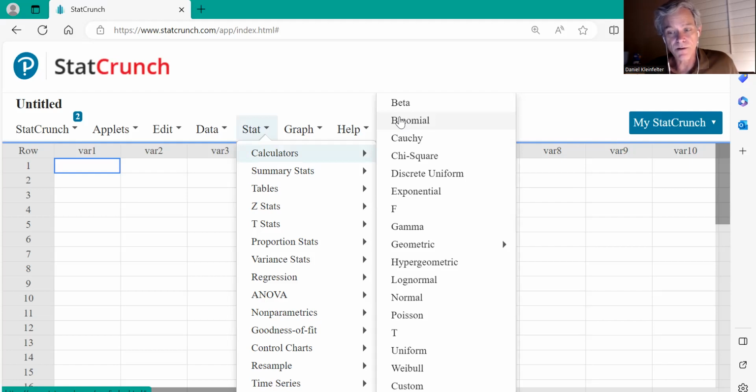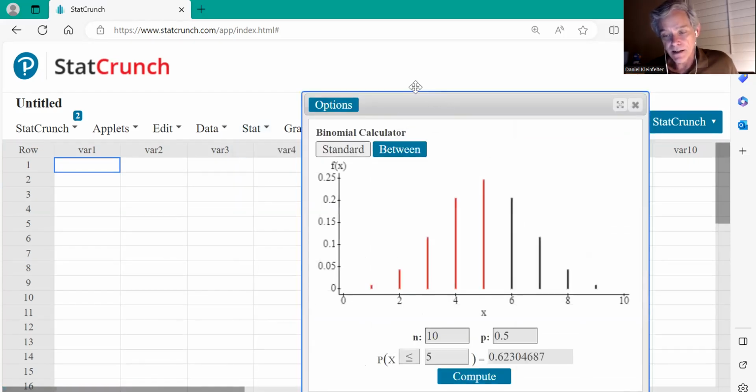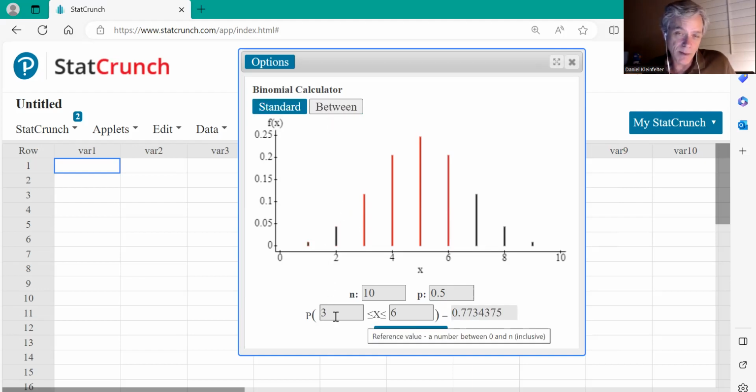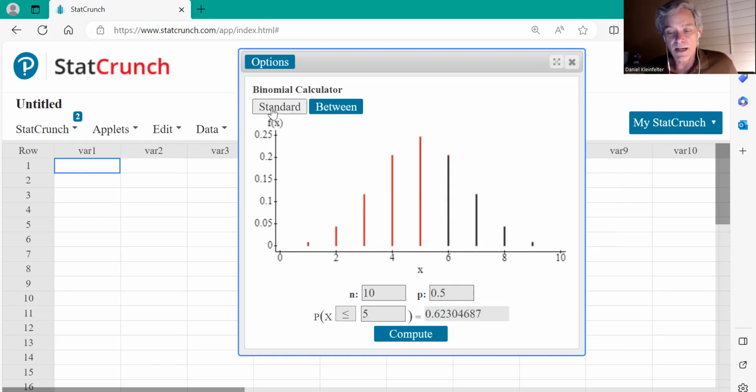So we're doing the binomial distribution, and we have this calculator. There are 2 options for it. You can either do the standard one, which we've been doing, or between. If you click on between, you can calculate the probability of your x value lying between 2 values. We're going to do standard.